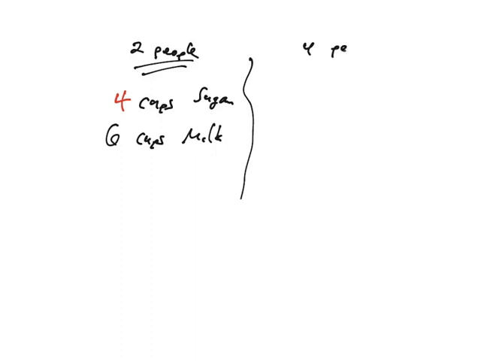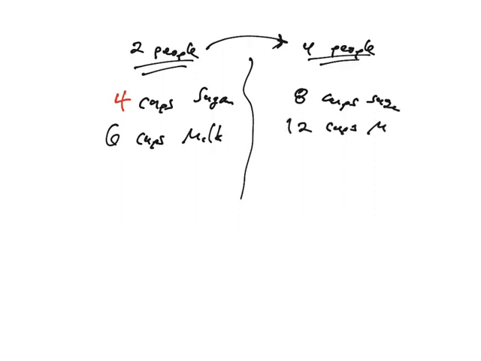You say, well, what if I want to serve 4 people? That's double the amount of people, so I'm going to have to double the recipe. And that idea that everything needs to double, that's a real important thing.